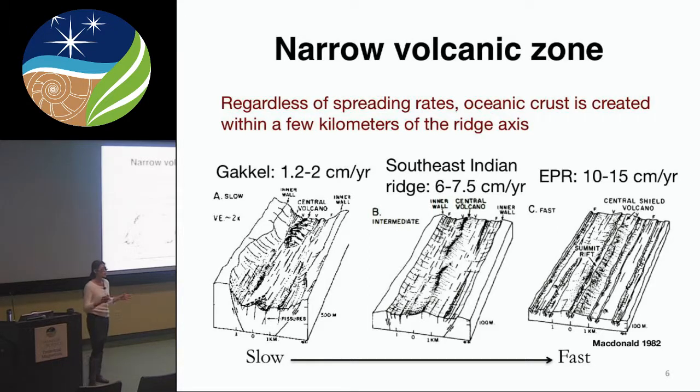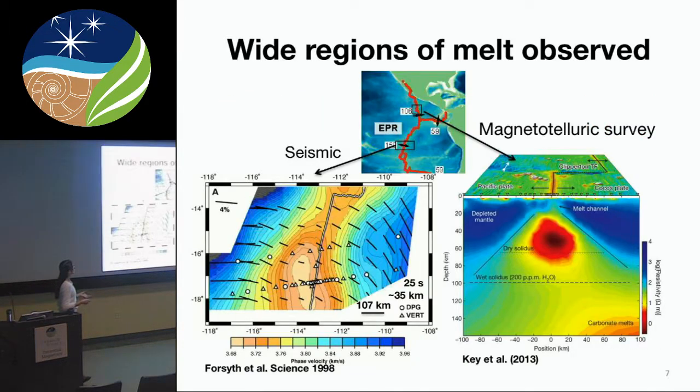But all of the oceanic crust is formed really within a few kilometers of that ridge axis. So you might think that most of the melt is generated within that few kilometers beneath the ridge axis. But in fact, that's not what is observed by geophysical surveys.